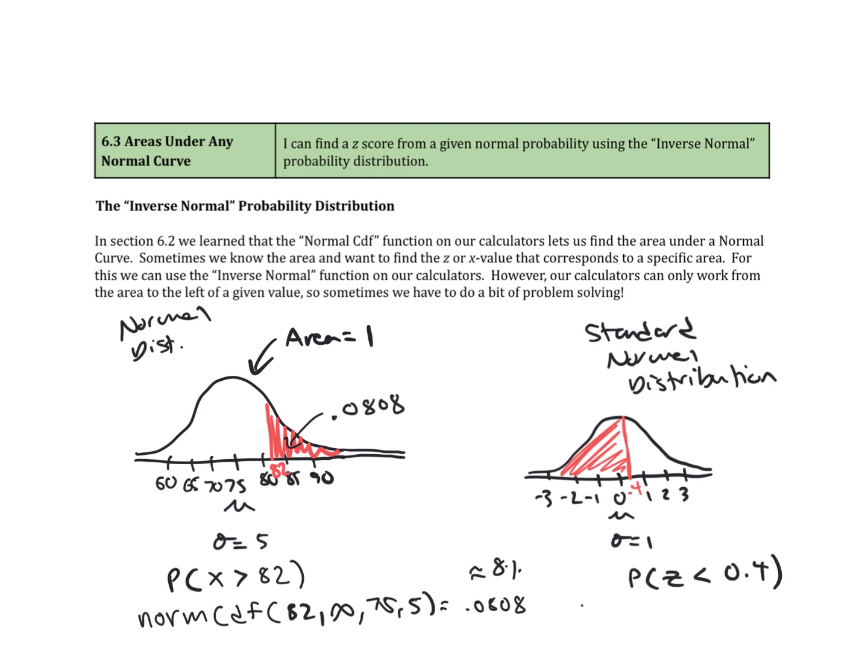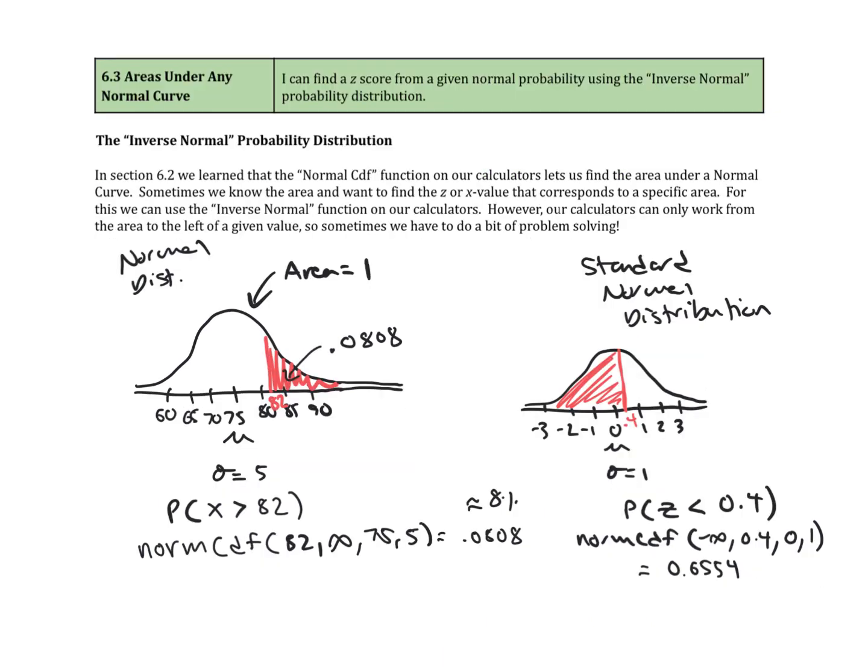So we would do norm CDF, and our lower boundary this time is negative infinity. Our upper boundary is 0.4, and then the mean, which is 0 because it's the standard normal, and the standard deviation 1. And that gives you about 0.6554, which is the area of this shaded region.